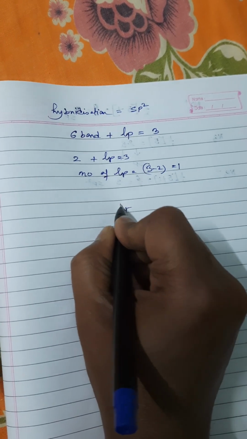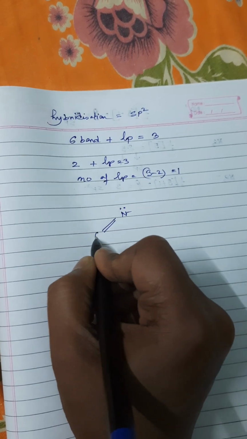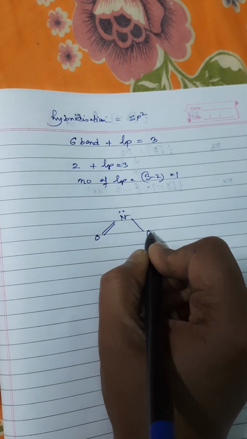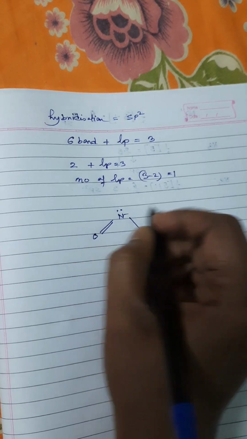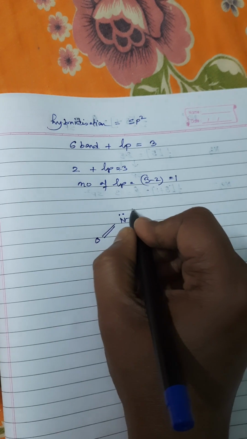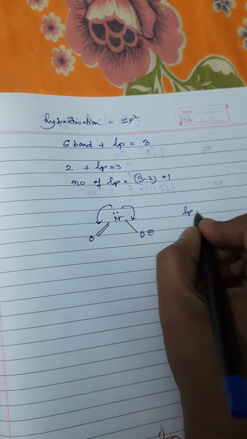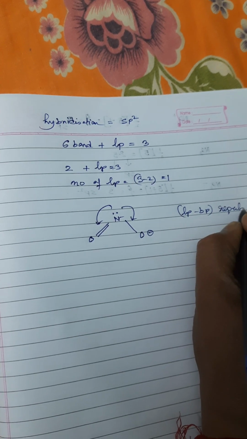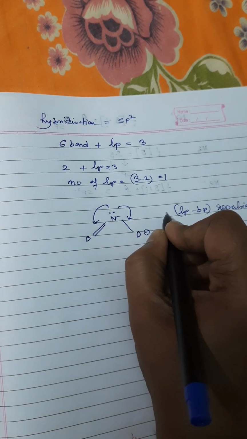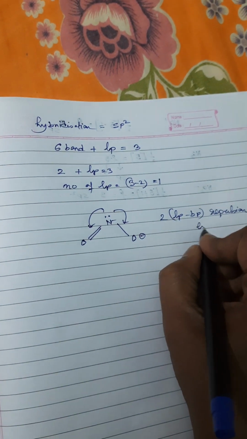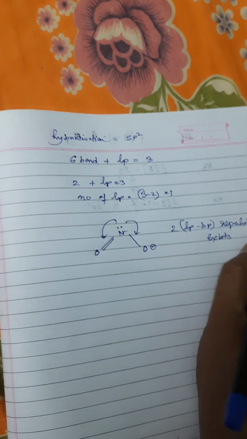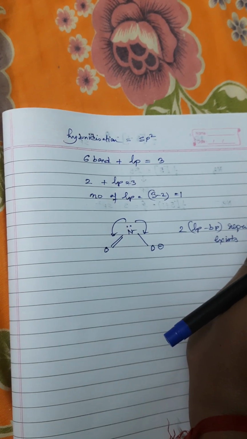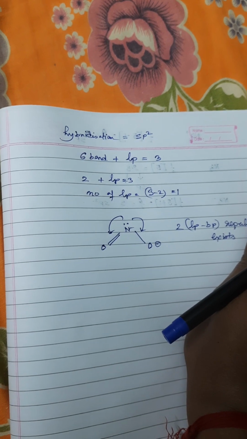That means this is the actual shape, and here a lone pair bond pair repulsion exists. Two lone pair bond pair repulsions exist.